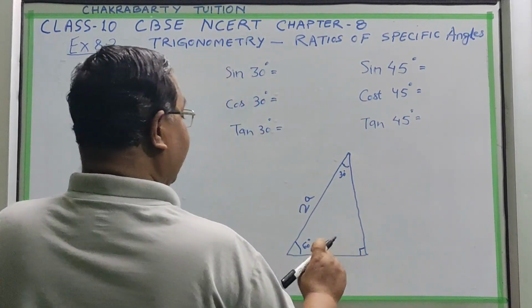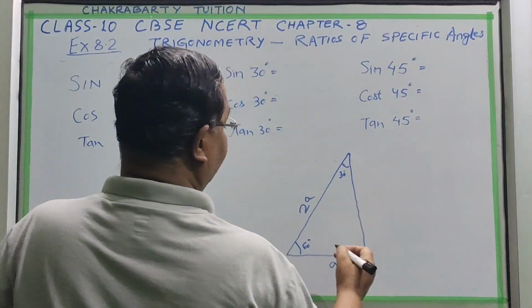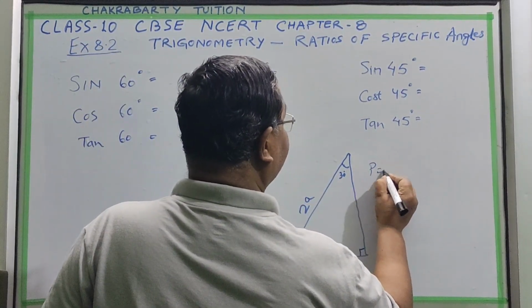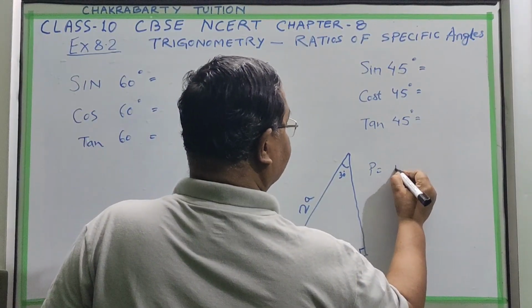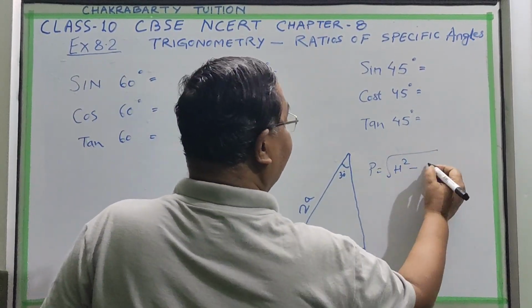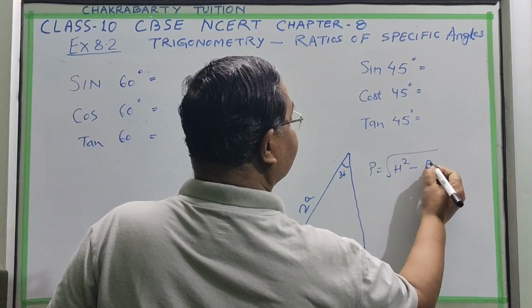Now if we solve for the perpendicular by Pythagoras theorem, perpendicular equals the square root of hypotenuse square minus base square.